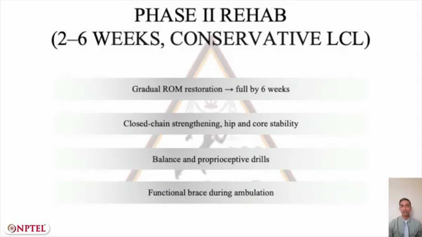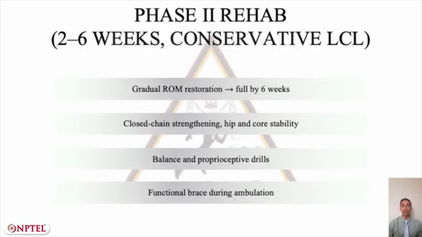In this phase, range of motion exercises are gradually introduced, aiming for full motion by week 6. Strengthening shifts to closed chain drills like mini squats. Core and hip strengthening are emphasized.